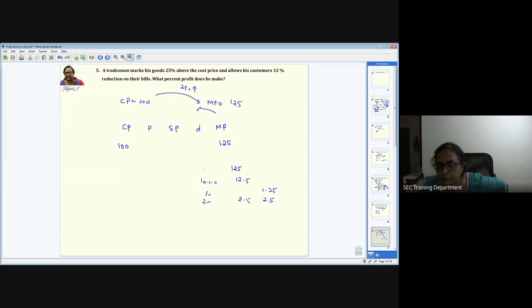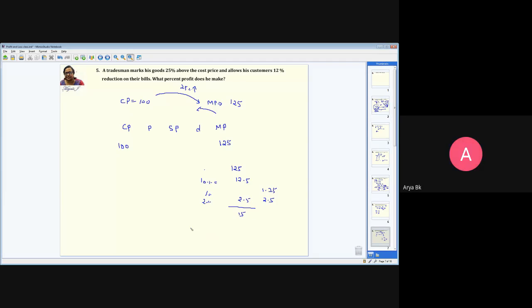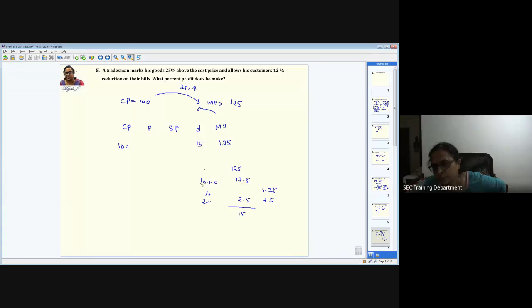You add the 2% here, and it's going to be 15. So he gives a discount of 15. Is that clear? This calculation is also important. Otherwise, you can directly go 12 by 100 into 125 and get the answer. Still, I think this is much easier.